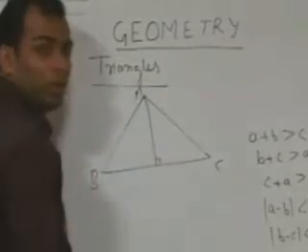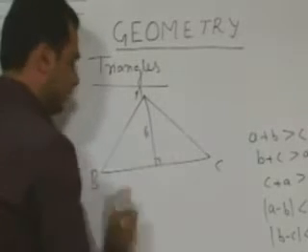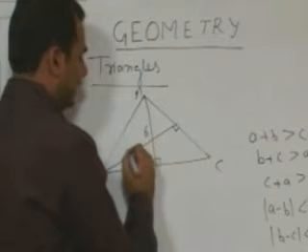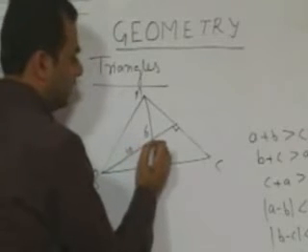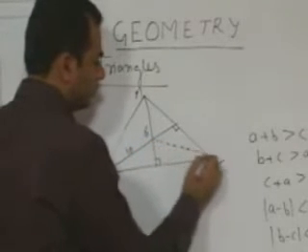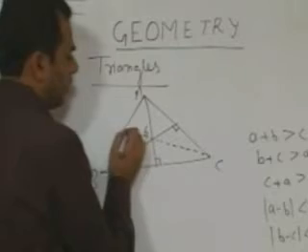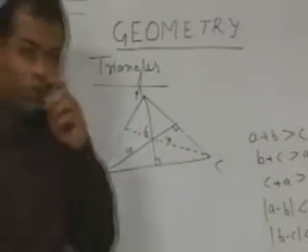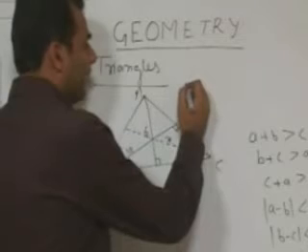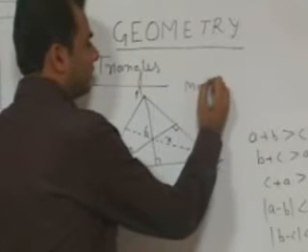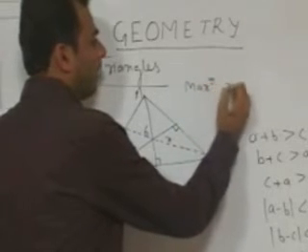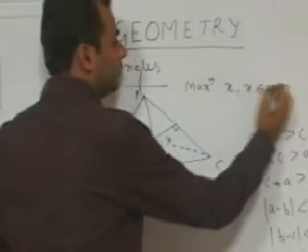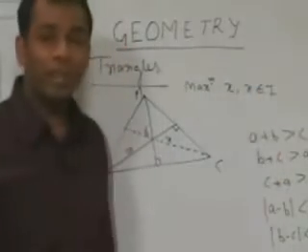The length of the first altitude is 6 centimeters, the length of the second altitude is 10 centimeters, and the third altitude is, let's say, X. Now I need to find the maximum value of X, where X is an integer.